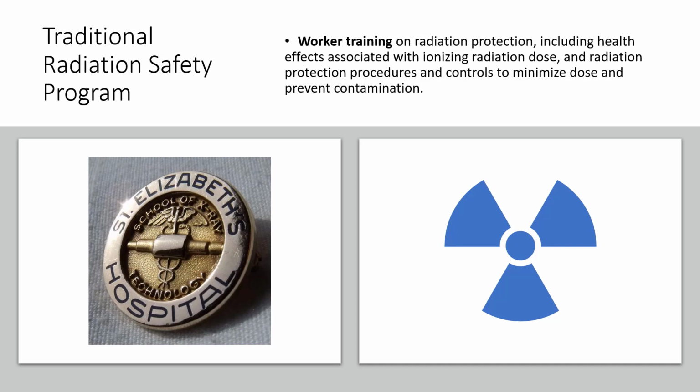When we talk about worker training for occupational workers, the worker training should include radiation protection, including the effects associated with ionizing radiation dose, and radiation protection procedures and controls to minimize dose and prevent contamination from ionizing radiation to both workers and the public.